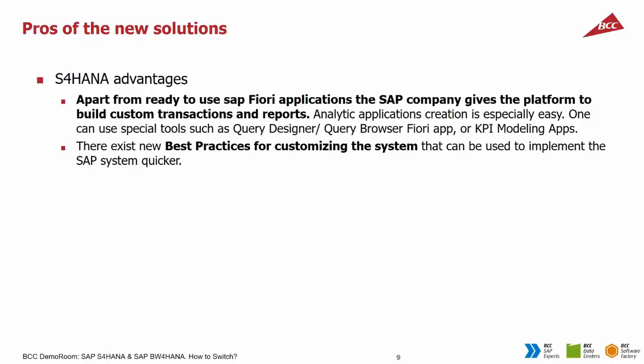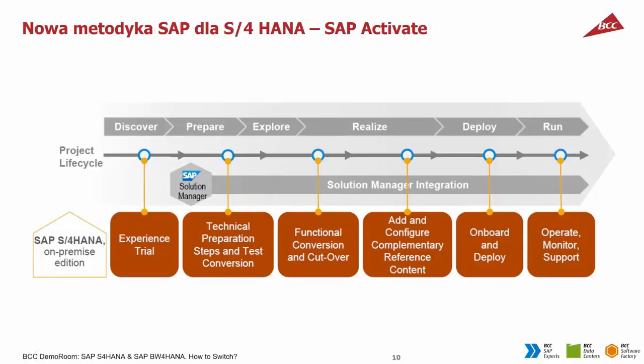So here is the new SAP S/4HANA methodology called SAP Activate. You can use a trial at the beginning. You can either use a 15-day free trial accessible via the website from SAP, or you can buy longer access to a template system that you can play with and learn new modules, new functionalities of the new system.